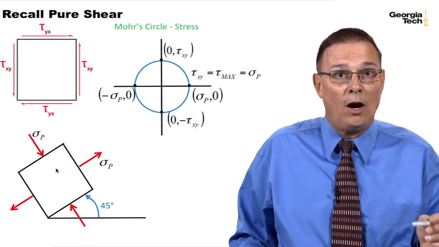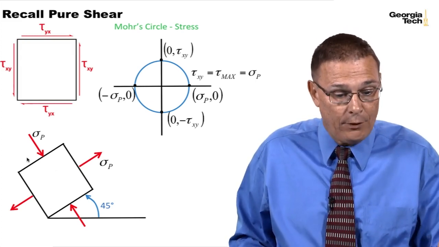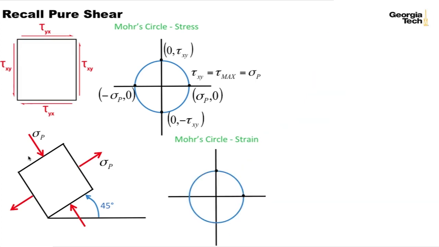I can now draw Mohr's circle for strain for this stress block. And so for Mohr's circle for strain, let's call this the new x direction, I've got the principal stress sigma sub p. It's going to give us a principal strain epsilon sub p. I've got a negative epsilon sub p, 180 degrees on Mohr's circle or 90 degrees on my stress block.